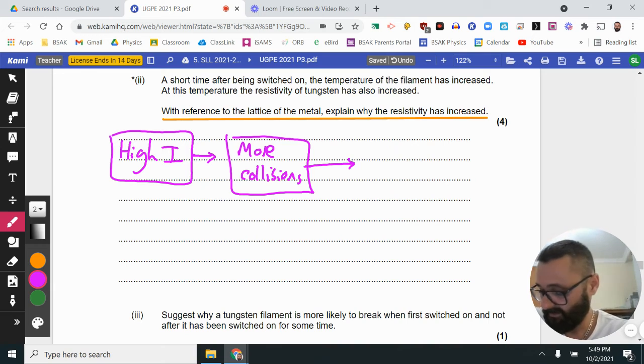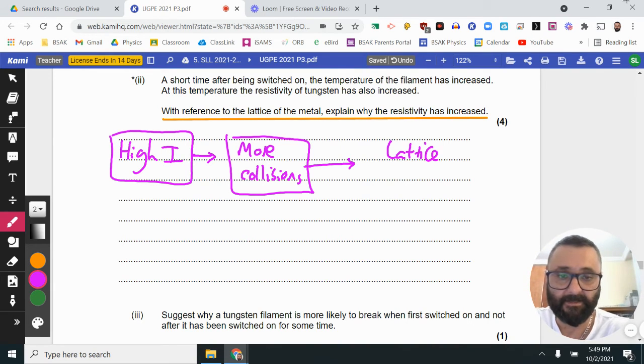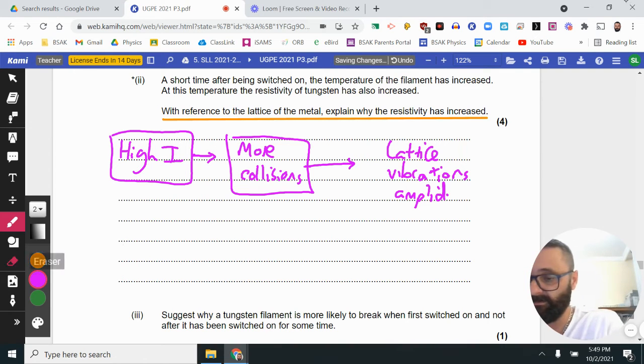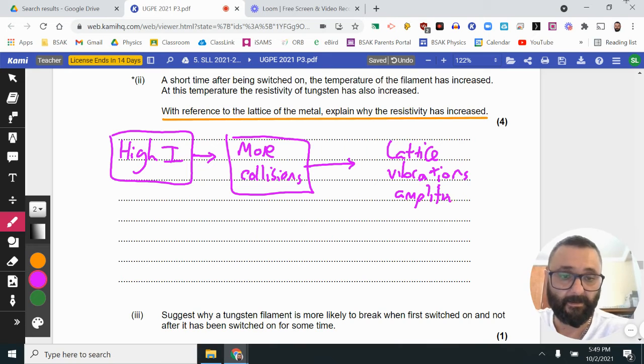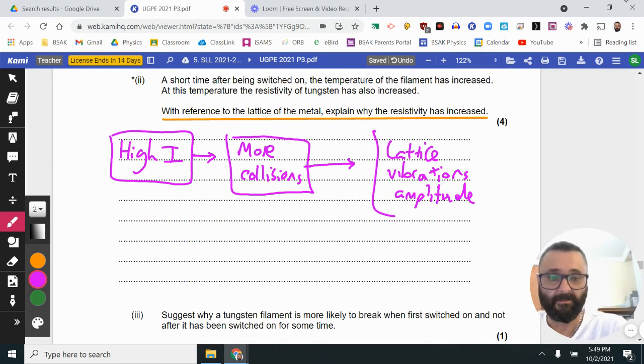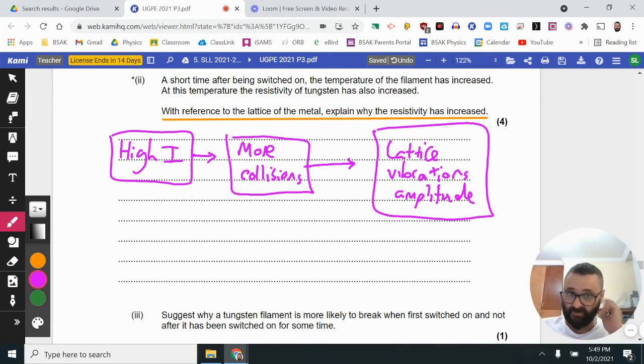This leads to an increase in the lattice vibrations amplitude. Let's try and spell this correctly. That's right, isn't it? Here you go. So I've referenced the lattice vibrations amplitude increasing.